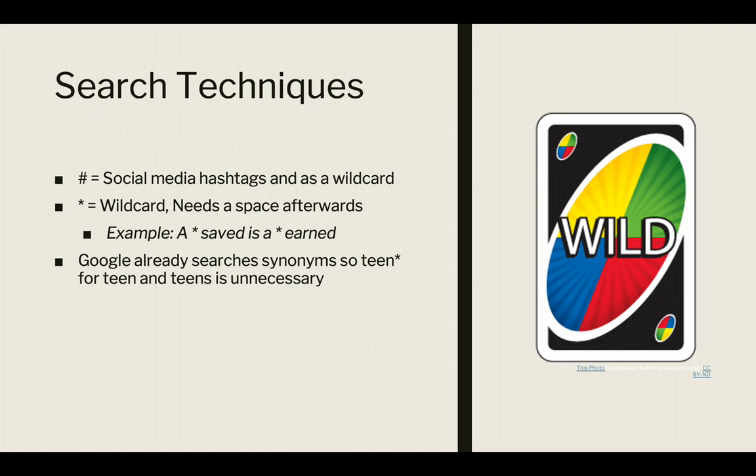I'm not sure what those terms were. Was it a nickel, a dime, a penny? I know that phrase, but I don't remember what the terms were. I can use wildcards. Google's already searching for synonyms, so teen plus asterisk afterwards to look for those endings, teenager, teens, teen, isn't necessary.